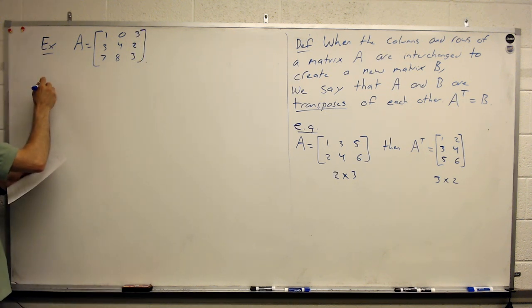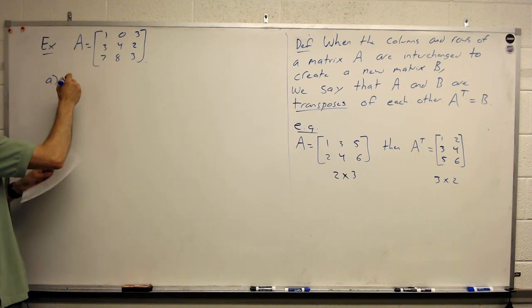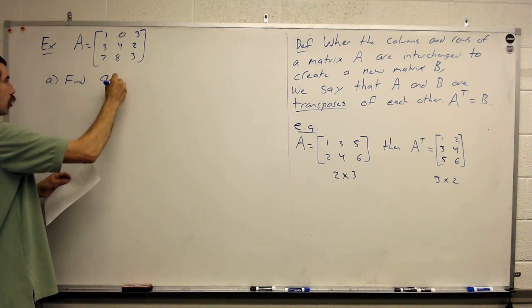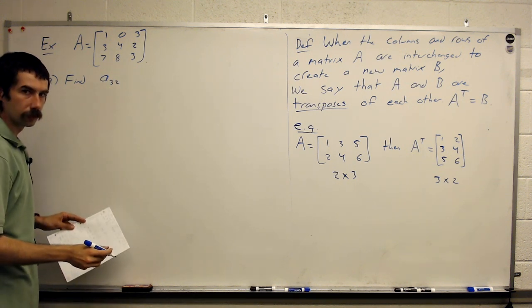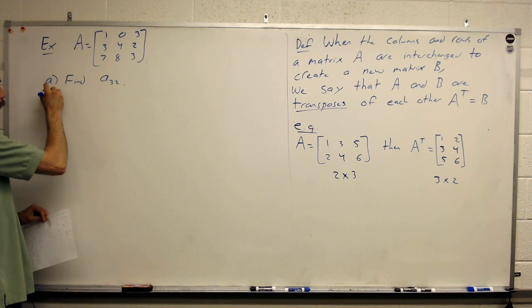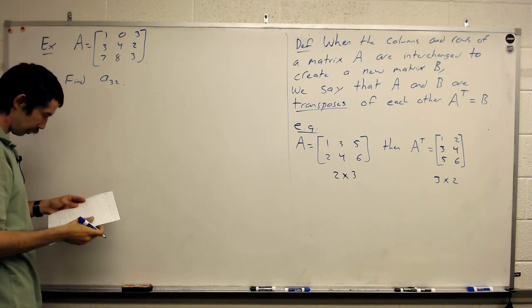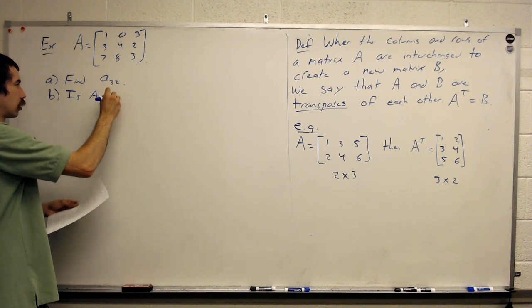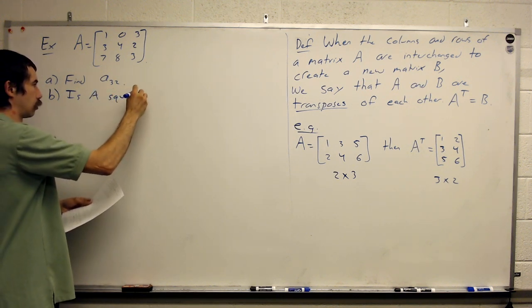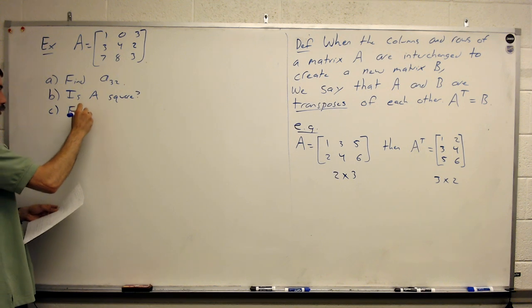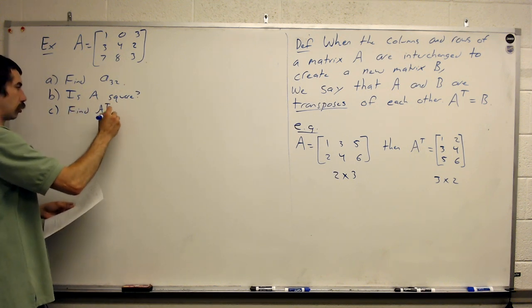So I want us to first find the value of A 3, 2. So look back in the notes. What do these subscripts mean? Just a yes or no, is A square? And then finally, let's find A transpose.